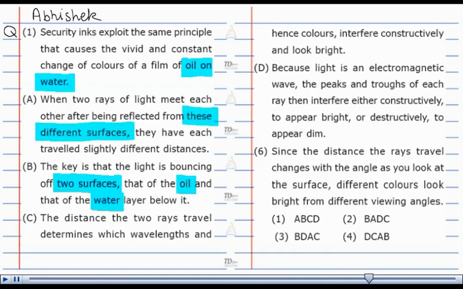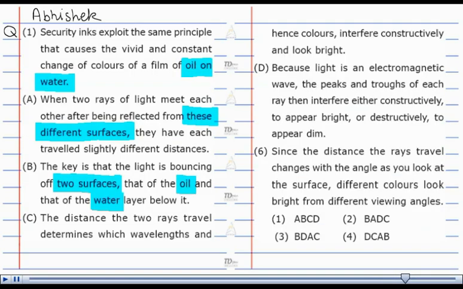These different surfaces in statement A are the surfaces of oil and water that has been mentioned in statement B. Combining these two links, we get the combined link as 1BA. 1BA is available only in option 2. Therefore, our answer is option 2.